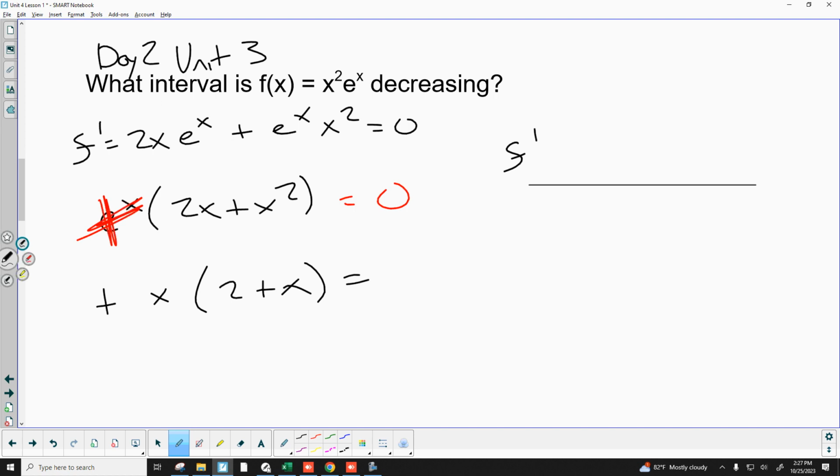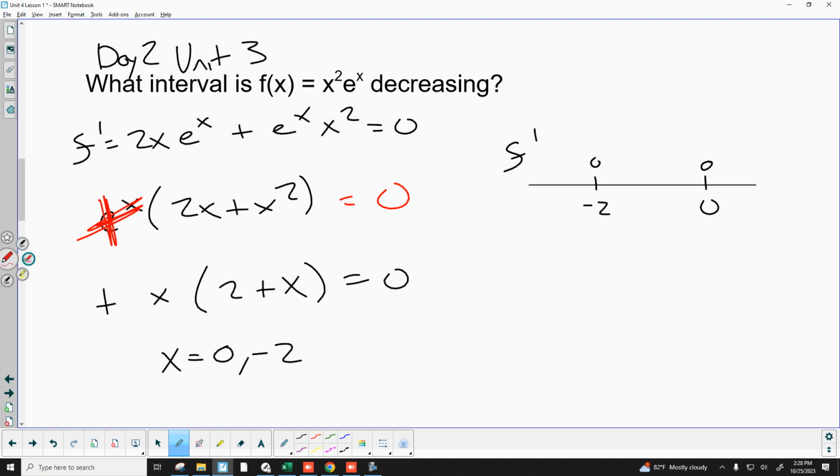Yes, you can. X times (2 plus x) is the same as 2x plus x squared. Then, hopefully you said x equals 0 and negative 2, and those are the locations of your horizontal tangents. Your critical points, your possible maximum locations.